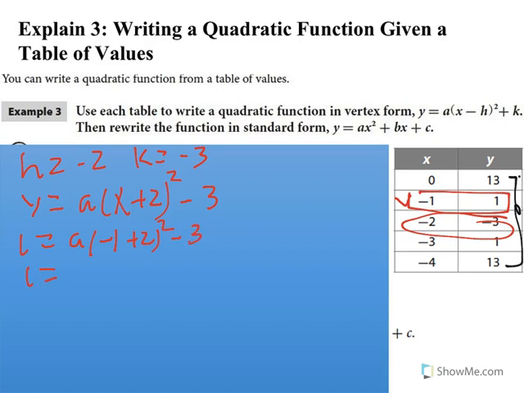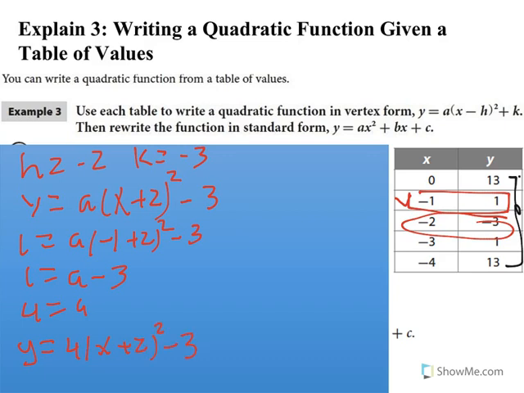So -1 plus 2 is 1, squared, so that gives us a minus 3. Solve for it, so we have 4 equals a. So our function in vertex form is y equals 4 times x plus 2 quantity squared minus 3.